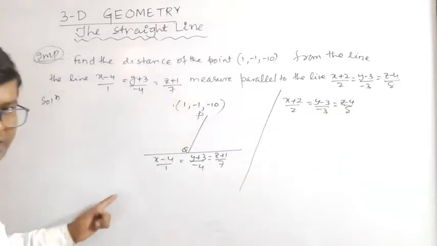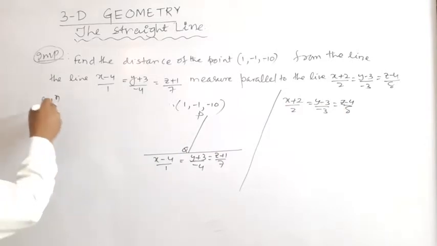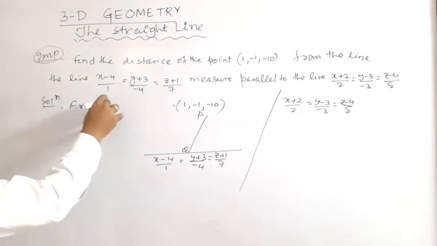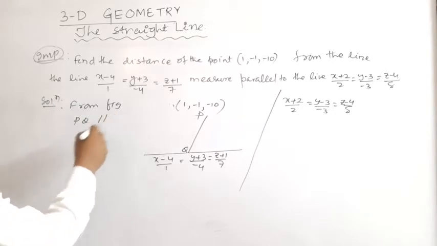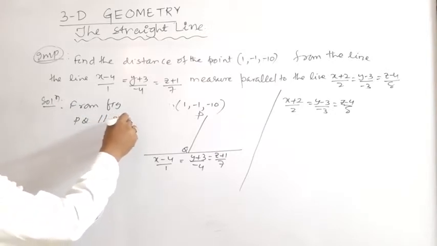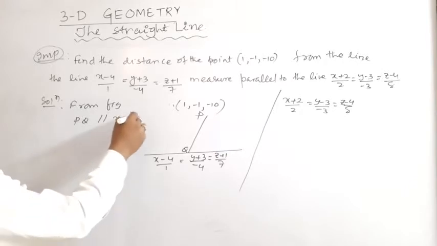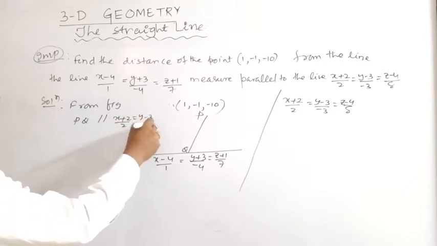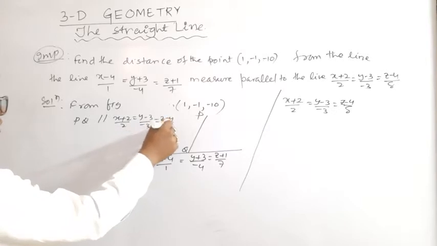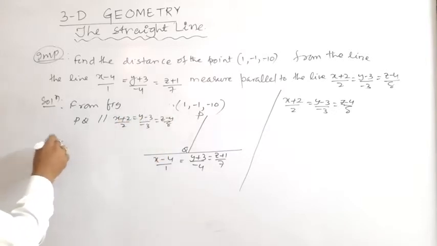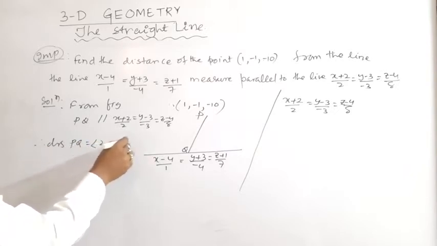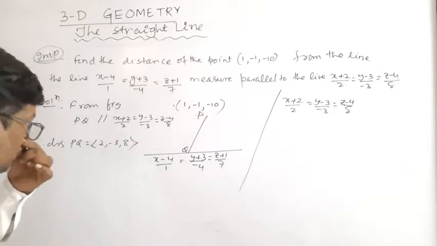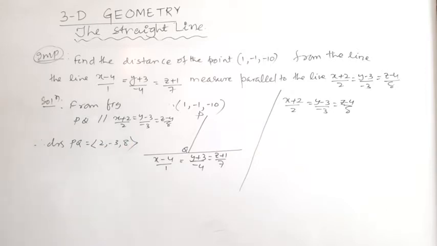So from the figure, PQ is parallel to this line. Therefore, DRs of PQ are 2, minus 3, 8. Now, the equation of line PQ, what?